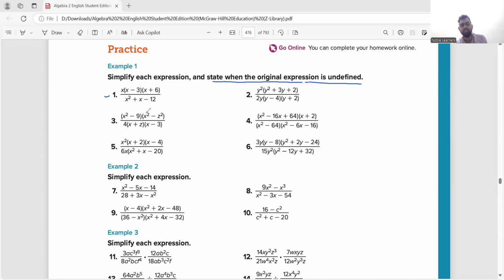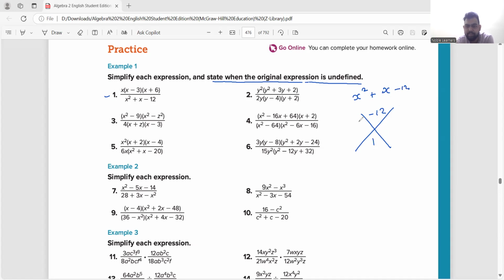Can we factor the numerator? Is it possible to factor, or is that already factored? Okay, let us factor the denominator. So how could we factor the denominator? Negative 12 at the top. What to write in the bottom? 1. Correct. What numbers to factor?